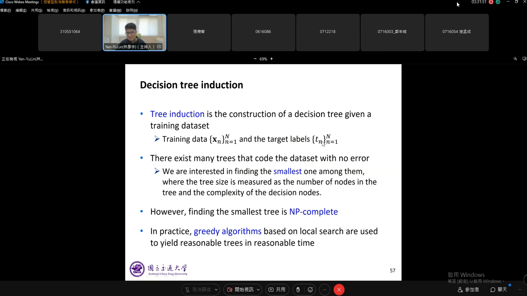In the following, we use classification as the example. So tn, the ground truth of xn, is a discrete value. It is used to indicate the ground truth category of the input feature vector xn.